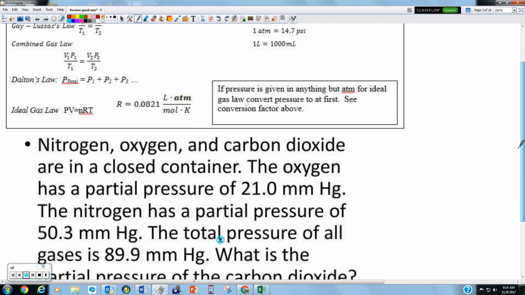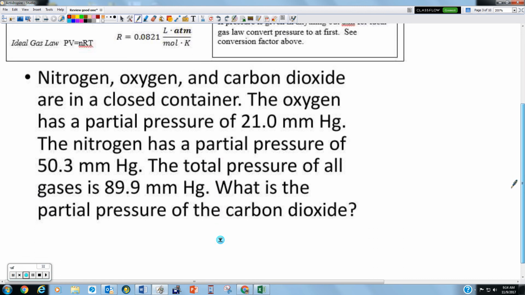This question's a little bit more in depth. So nitrogen, oxygen, and carbon dioxide are in a closed container. The oxygen has a partial pressure of 21.0 millimeters mercury, so that's PO2. The nitrogen has a partial pressure of 50.3 millimeters mercury.